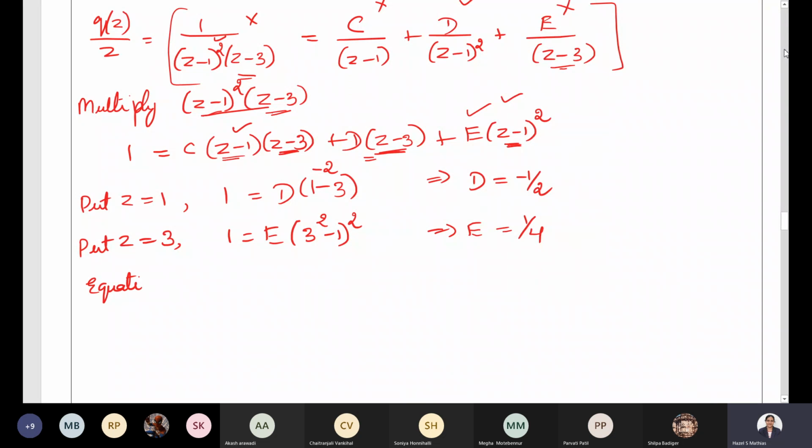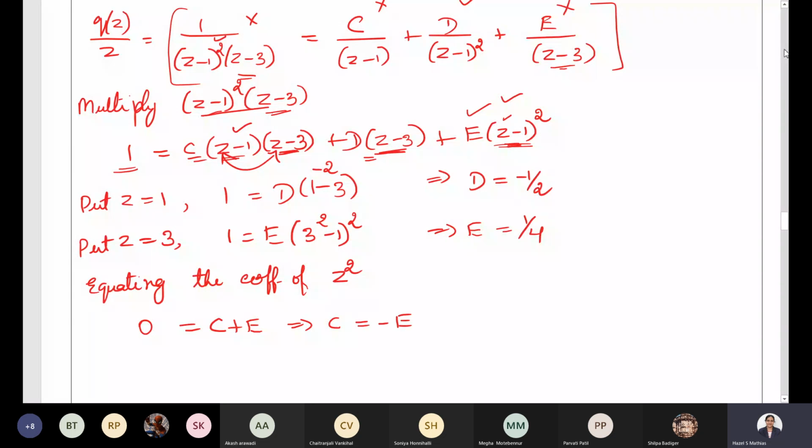That is equal to, when you multiply these two, z into z gives z square, and the coefficient is C. Then for D, we do not have any z square term, it's only z. Here when we expand (z minus 1) whole square, using (a minus b) whole square equals a square plus b square minus 2ab, we get z square, and the coefficient of z square is E. So we get C plus E equal to 0. That implies the value of C is minus E. E is 1 by 4, so C value will be minus 1 by 4. Is it okay everyone?